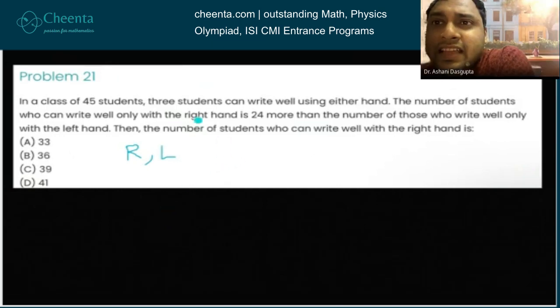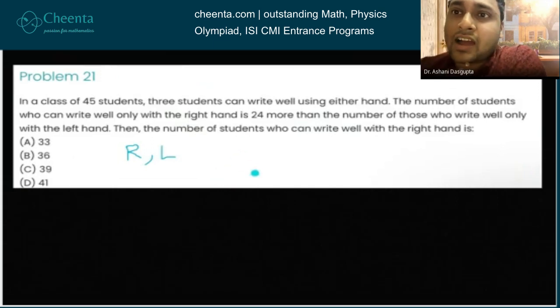In a class of 45 students, 3 students can write well using either hand. The number of students who can write well only with the right hand is 24 more than the number who write only with the left hand.